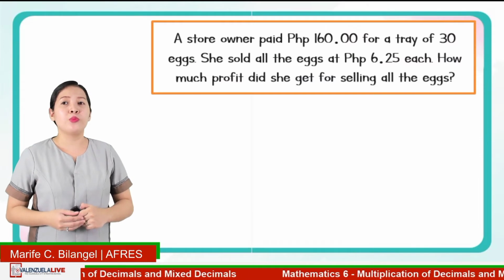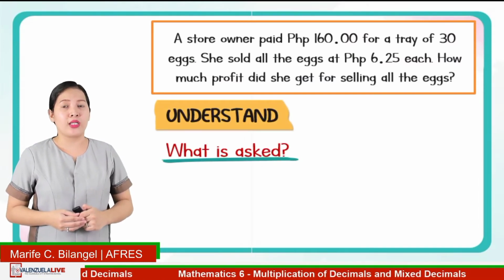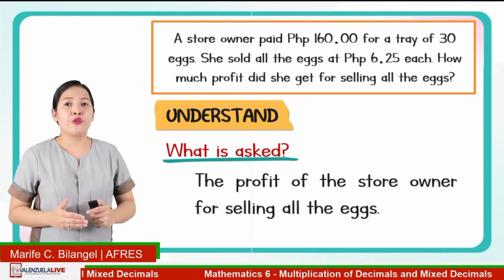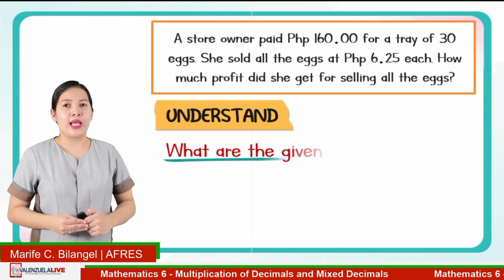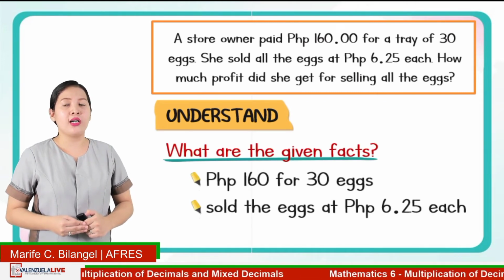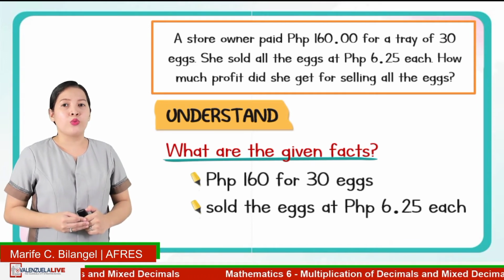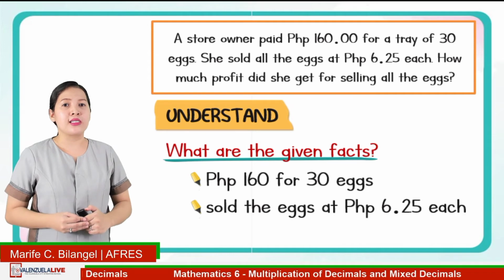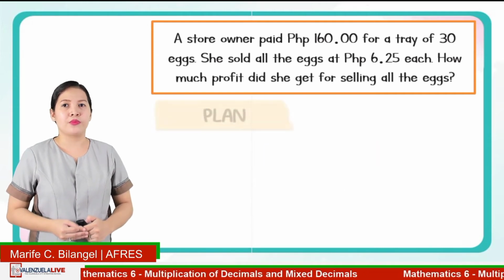Again, to solve this problem, we have to understand it by finding what is asked, the profit of the owner for selling all the eggs. Next, let us identify the given facts. The facts are 160 pesos for 30 eggs, which she sold at 6 and 25 centavos each.